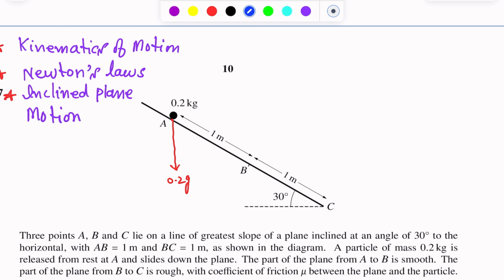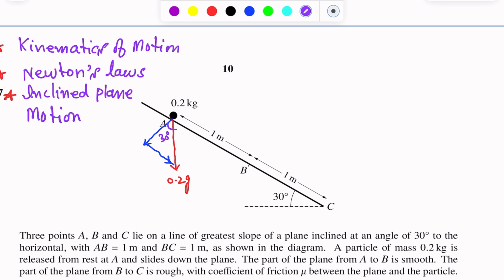These are the components. This component is perpendicular to the plane, and this component is along the plane. This angle is the same as this angle. This is 30 degree with the horizontal. By using angle properties, this angle is 30 degree.